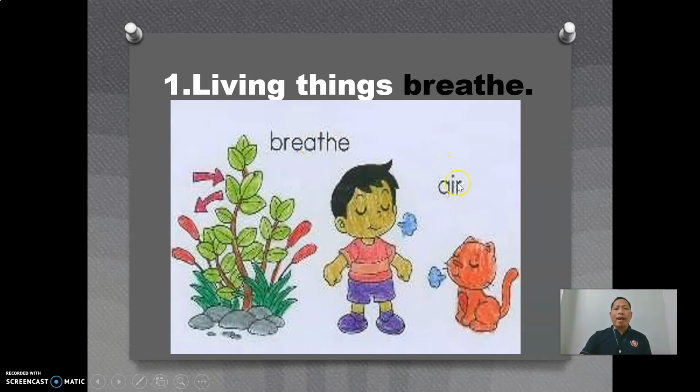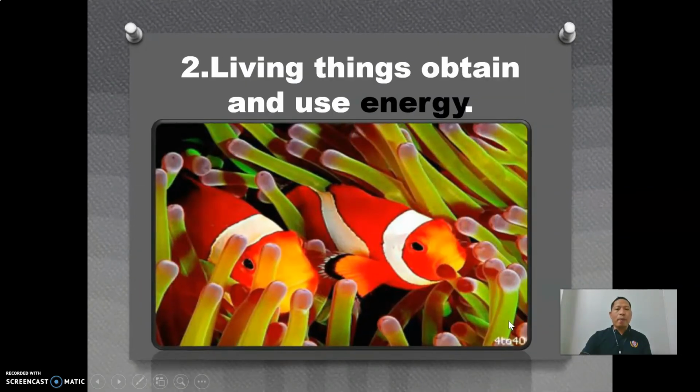Flowers or plants can breathe air. And also a cat can breathe air. This little boy is breathing air. All right, did you understand? Again, number 1, living things can breathe. Good.